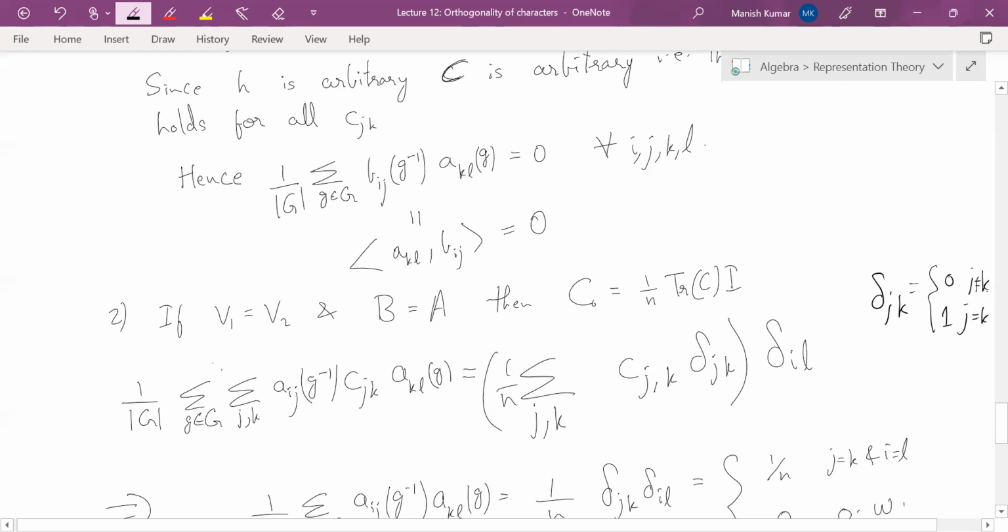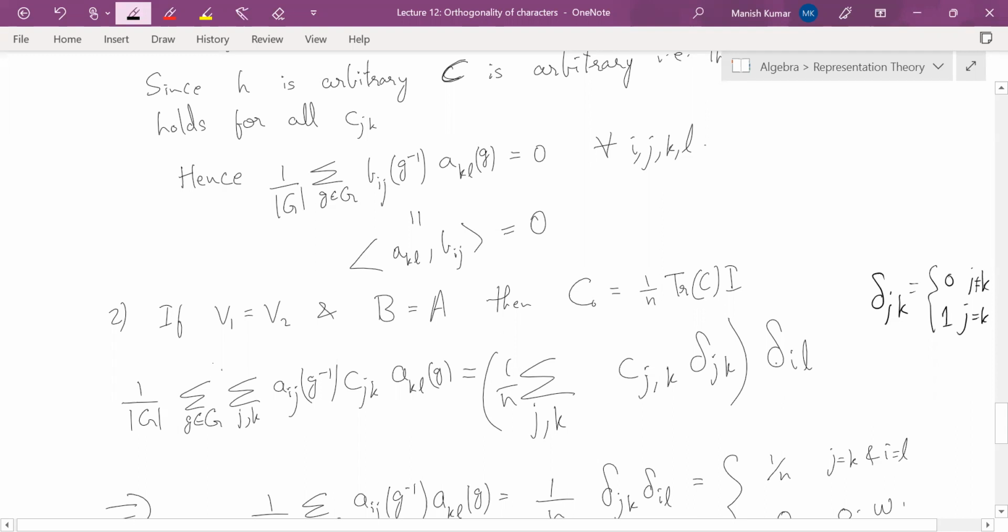So this expression inside computes the value 1 over n times trace C, and of course this should be the value of the entry if i and l are the same, otherwise it should be 0.